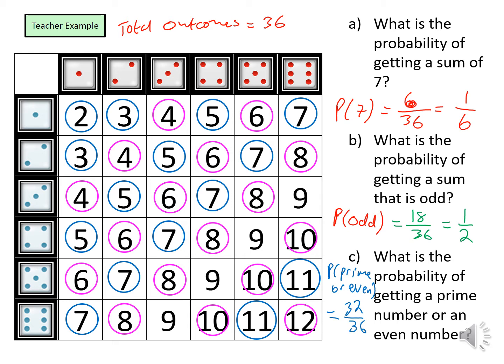Okay, can we simplify this? Yes, we can. We can find the highest common factor of the two and simplify it. So we get 8 over 9. The highest common factor between 32 and 36 is 4. So we divide top and bottom by 4 and we get 8 over 9.